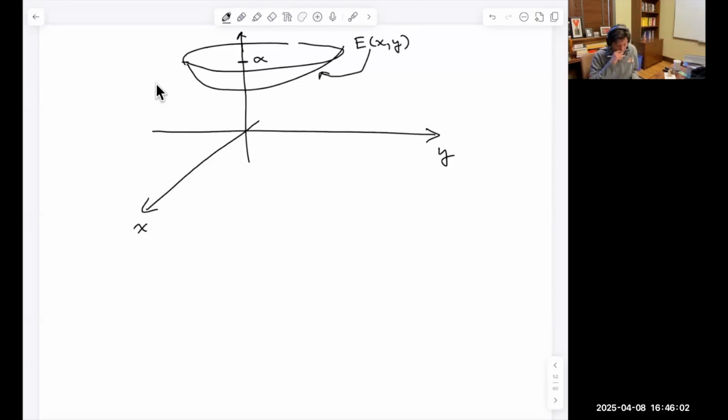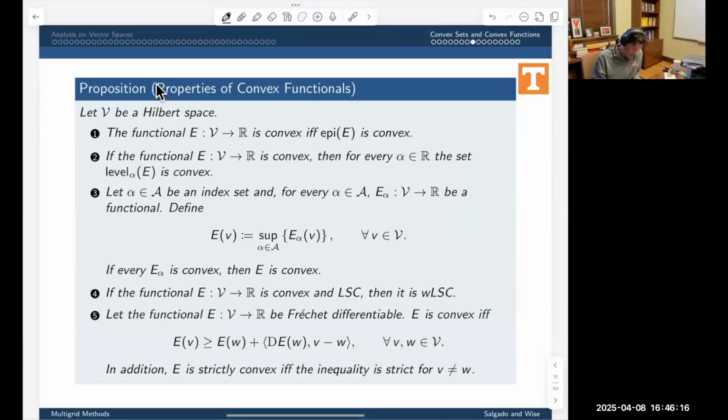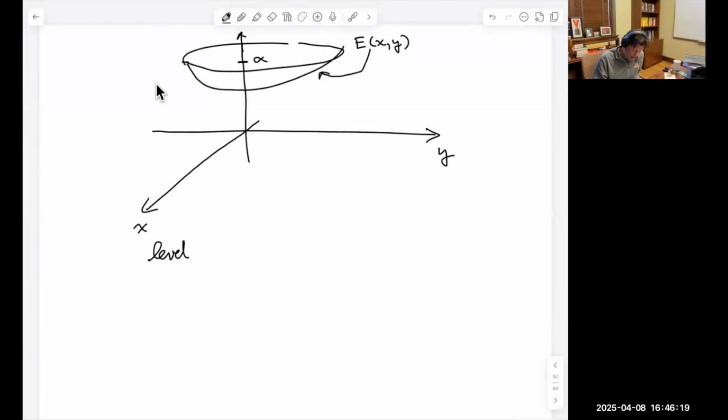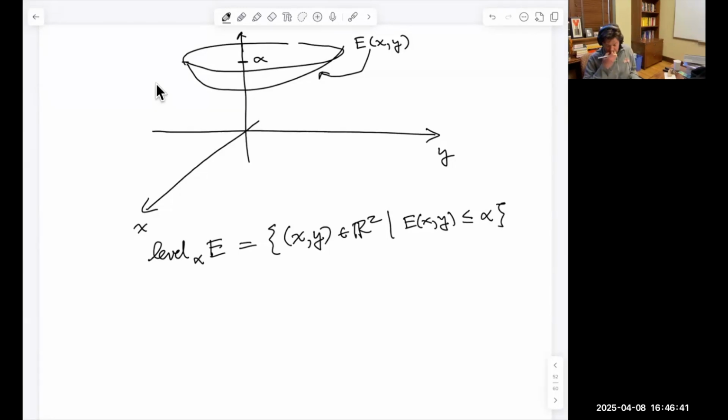That's that guy there. So now I'm going to look at the set of all points in this space. Level alpha of E is equal to the set of all points X and Y from R2 such that E of X and Y is less than or equal to alpha. That's called the sublevel set, right?